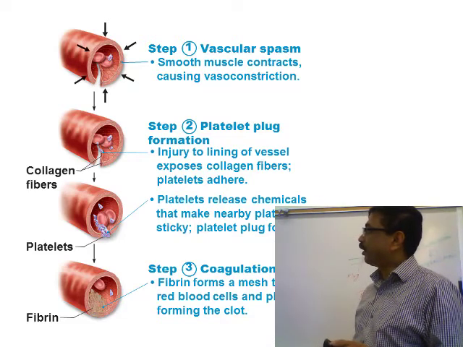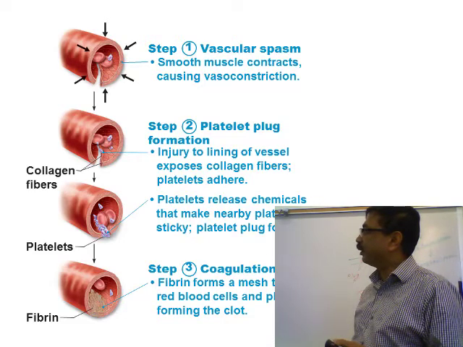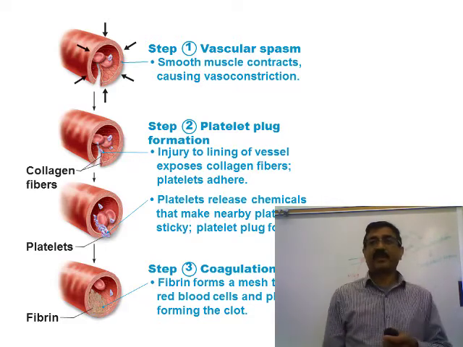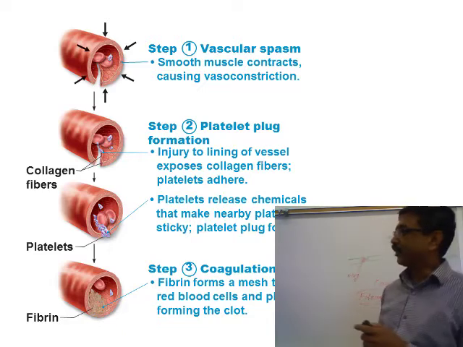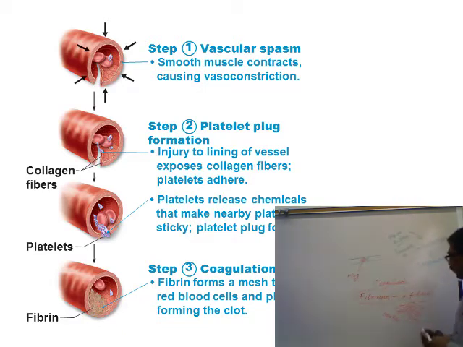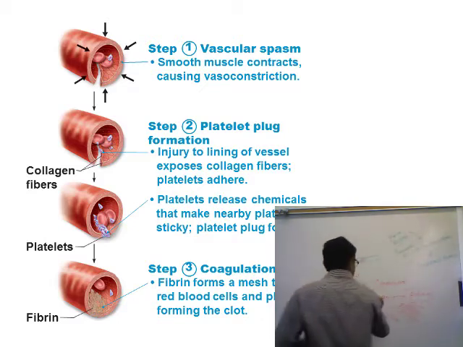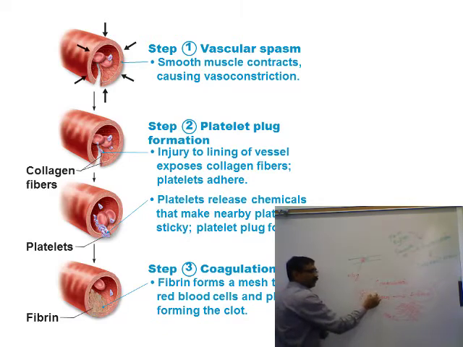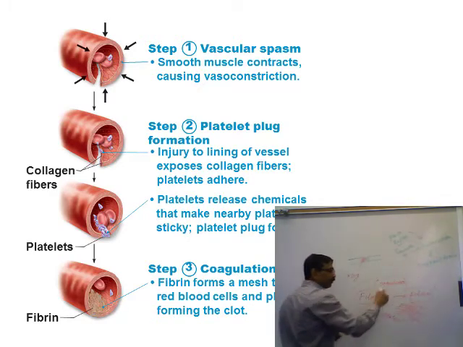You remember I mentioned ADP and thromboxane A2. Those are 2 chemicals. They make the platelet surface sticky. Okay, now this is coagulation. Fibrinogen is converted to fibrin.